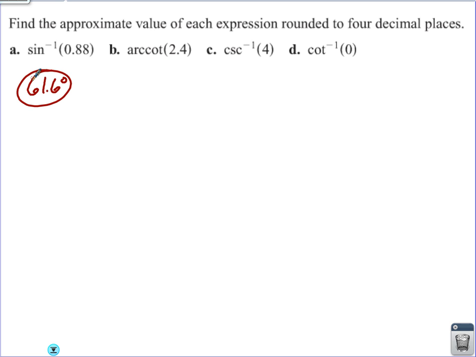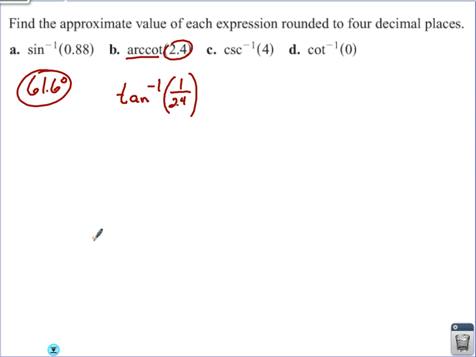Inverses. The arc cotangent, you don't have that button on your calculator. You can look, you won't have it. The arc cotangent is the reciprocal of arc tangent. So what you're going to do is you're going to do the inverse tangent and you reciprocate this. The inverse tangent of 1 over 2.4.